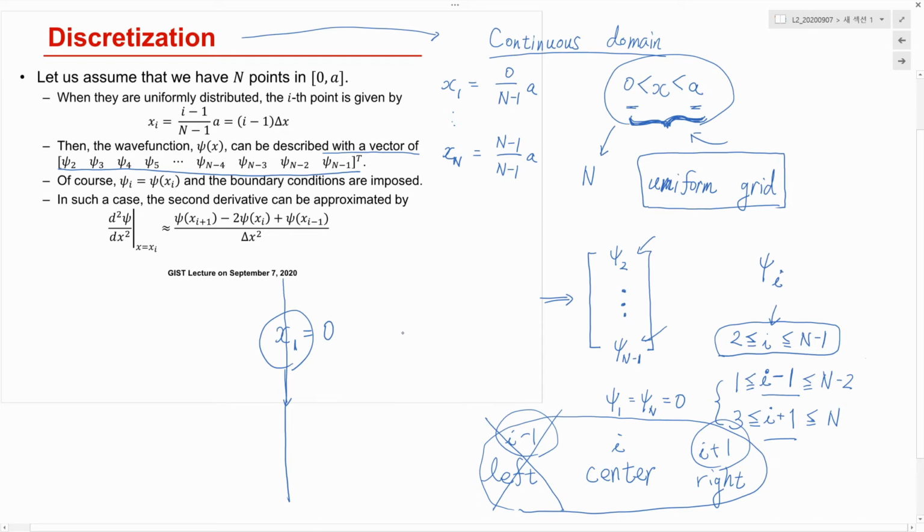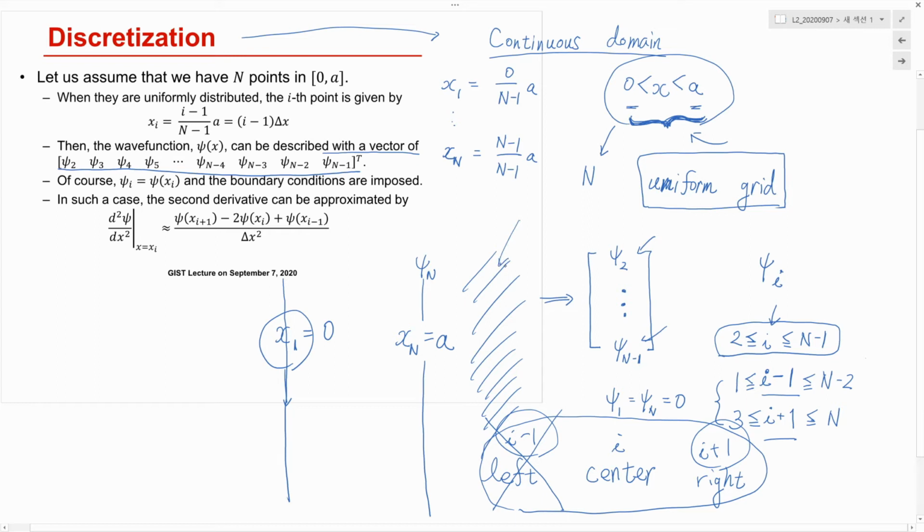Using the same argument, we can talk about xn, which is equal to a. If we refer to the right position of psi n, then we cannot find any meaningful variable, because beyond xn there is nothing.